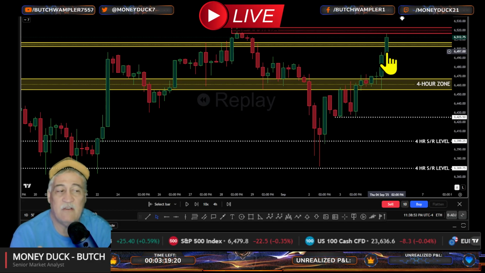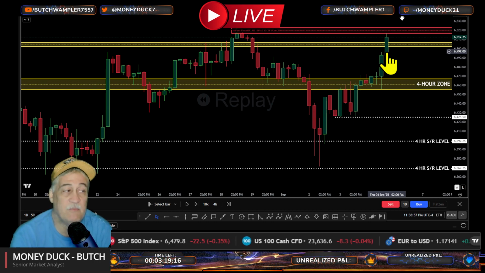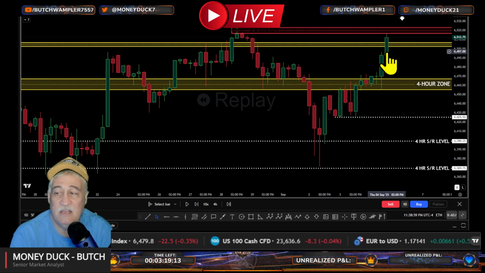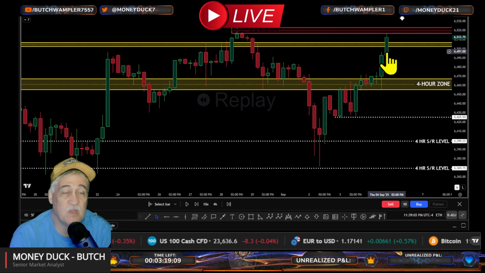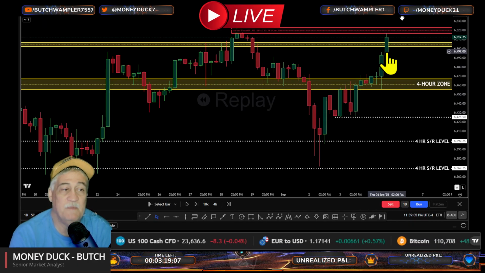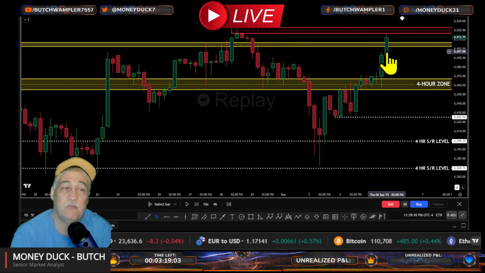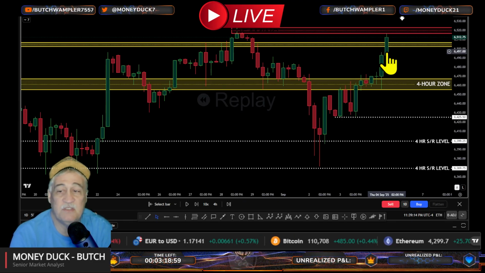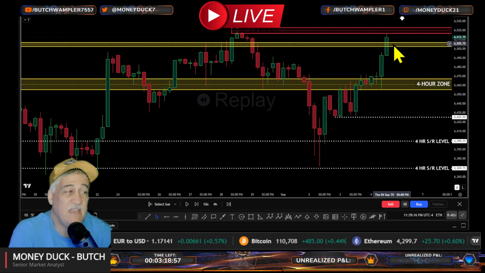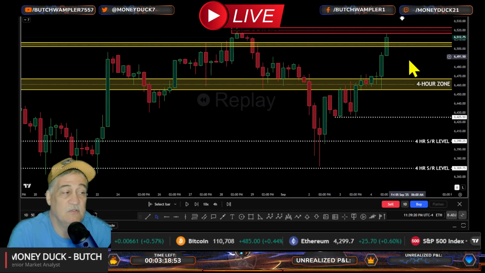When you close out your trades, and whenever you walk away from the computer for the day and you're done trading, set your chart to the 4-hour time frame so that when you open it back up to start your new trading day, it's on the 4-hour time frame. You're forced to look at the 4-hour time frame because a lot of times people will come to the chart and just forget.